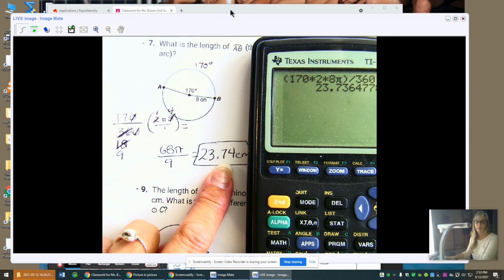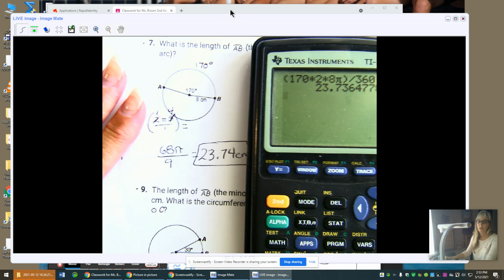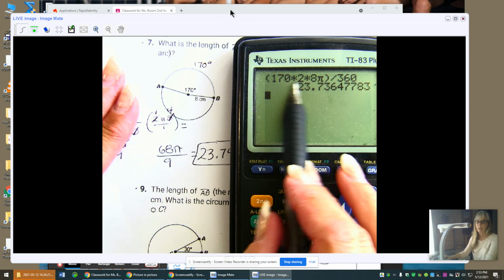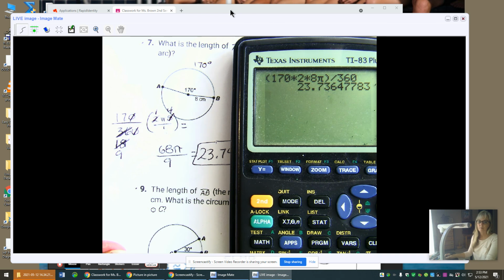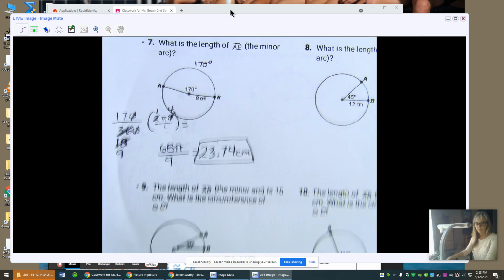I just did a whole lot of simplifying because it was fun. But since you're going straight calculator work, you probably could just go this method. Make sure to surround the numerator by your parentheses and then divide by 360. Okay, boy, I feel like I kind of botched that, but that's okay.